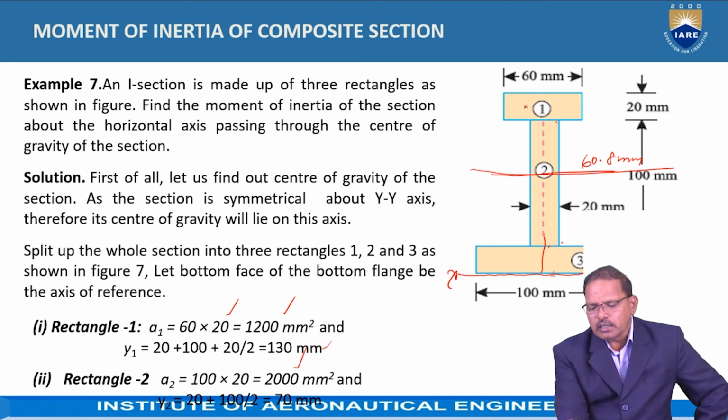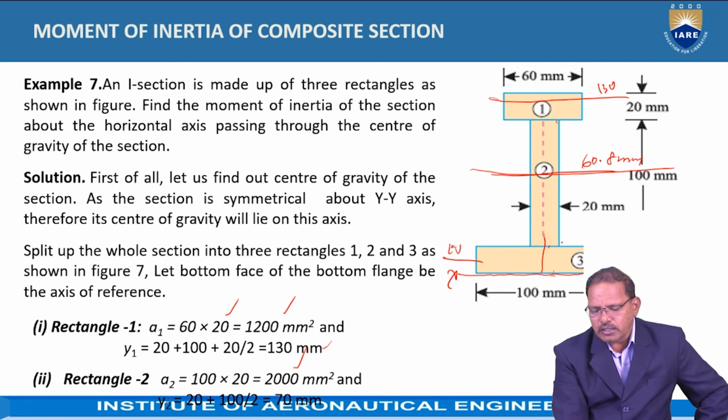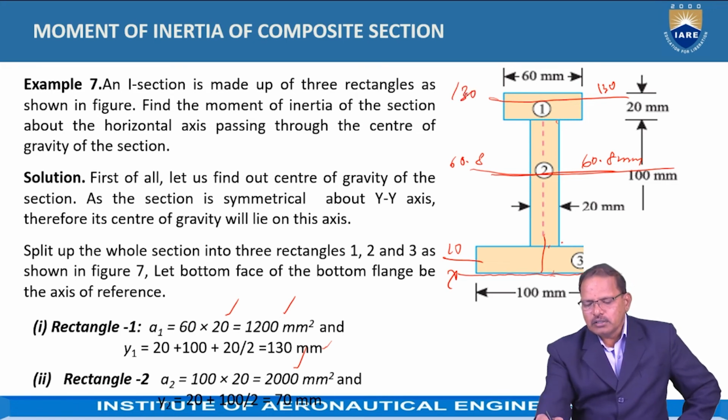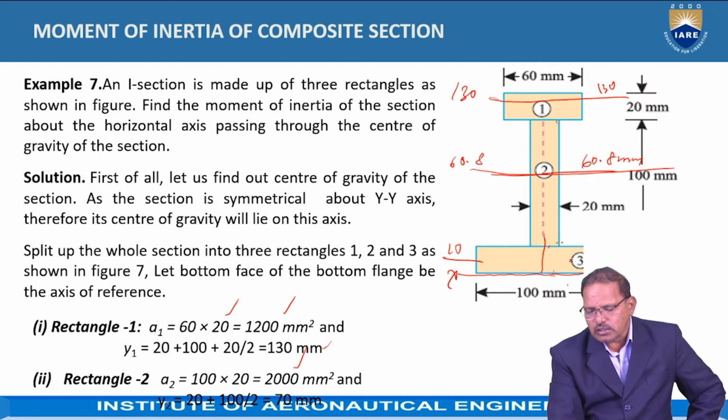The position of the centroid of the first figure is at a distance of 130 mm, and the centroid of the whole section is at 60.8 mm. The difference is required. For the second rectangle, it is 20 plus 50, which is 70 mm.